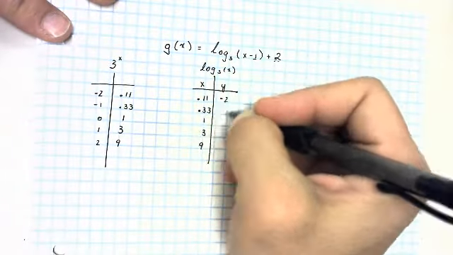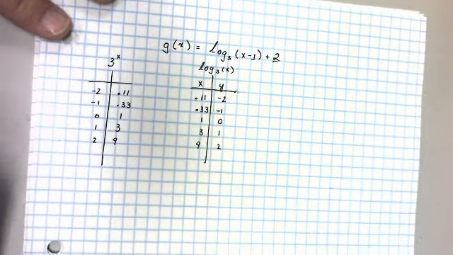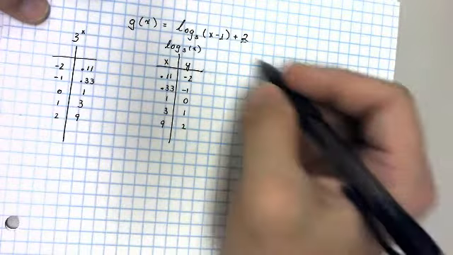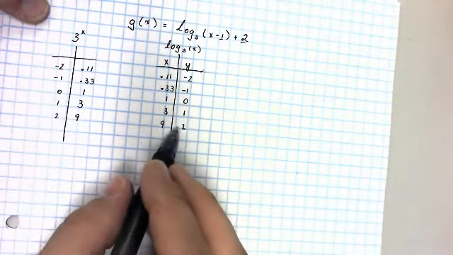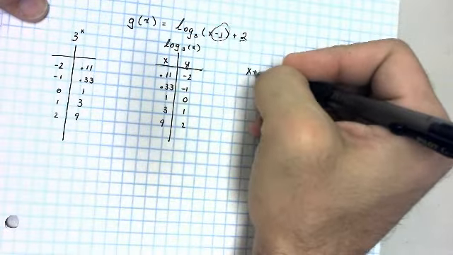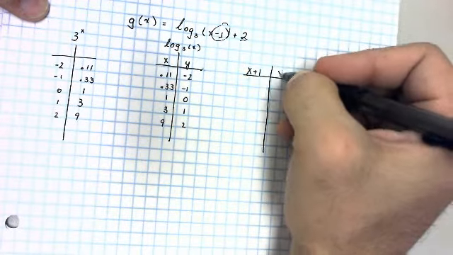So I'm just flipping everything. Last but certainly not least, now I'm going to use my transformations. I started with the exponential function and flipped x and y. Now the minus 1 is going to add 1 to my x's, and the plus 2 is going to add 2 to my y's.